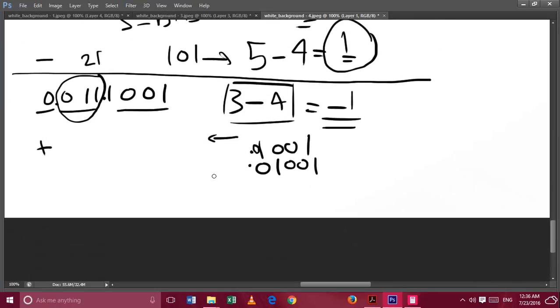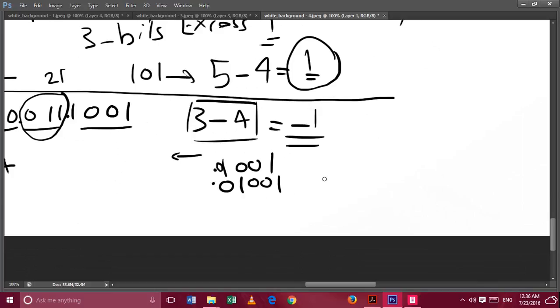Okay, so again, how much is this? Radix point 1 0 0 1, that is half, 1/4, 1/8, 1 over 16, 1 over 32. So that's 1 over 32 plus 1/4.